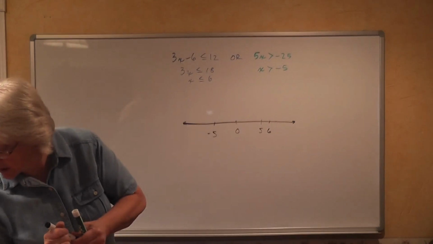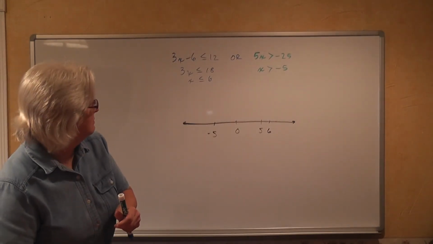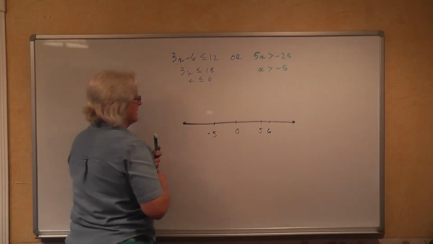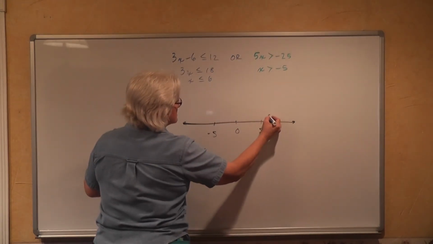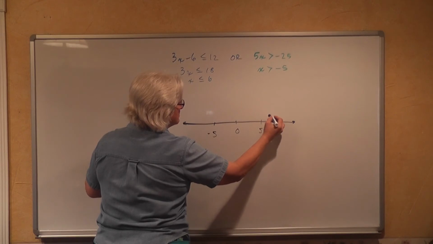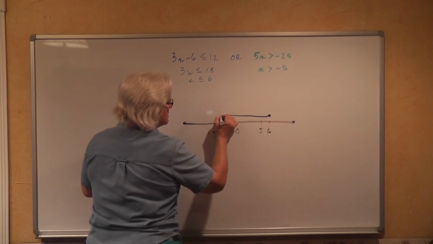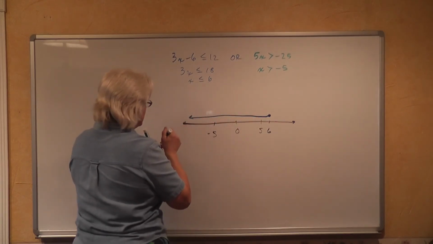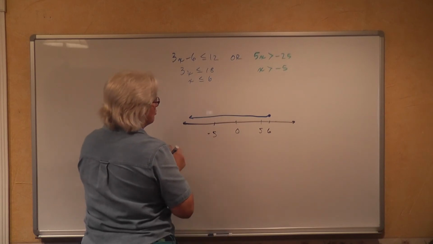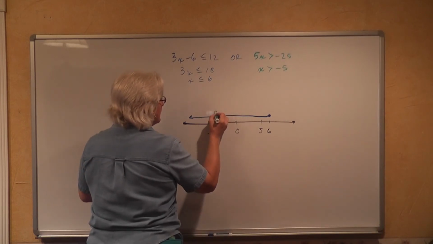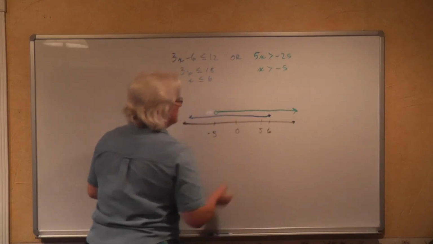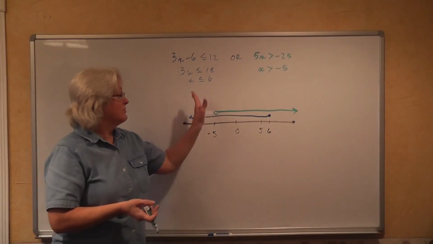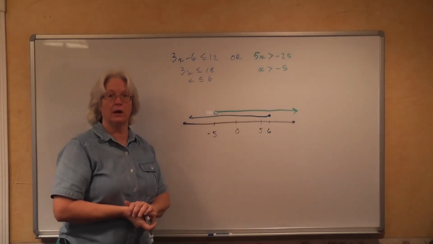First inequality, x is less than or equal to 6, which means that 6 is a part of the solution. X is greater than negative 5. This is how we graph both of these inequalities above the number line.